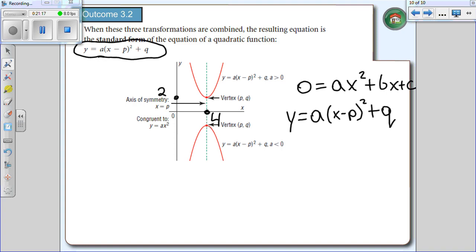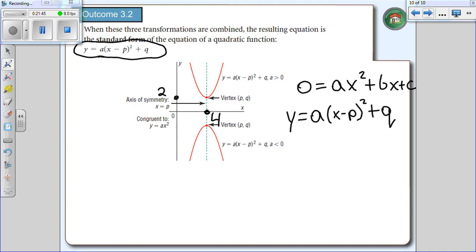So what would your p-value be? If it moved 4 to the right, what would my p-value be? It'd be positive 4. In the equation, it would be x minus 4. But your p-value would be 4. What would your q-value be? 0 would mean it hasn't moved up or down at all.